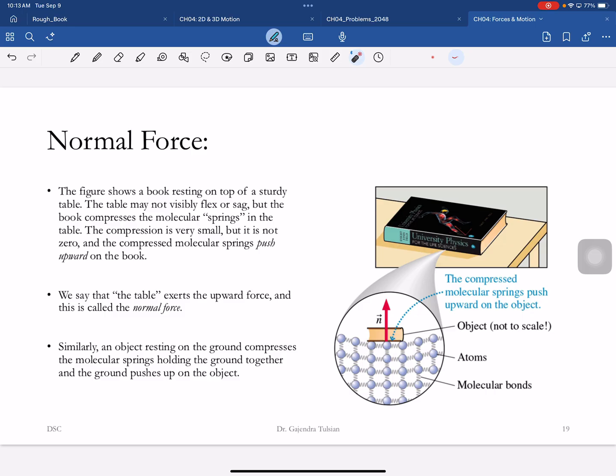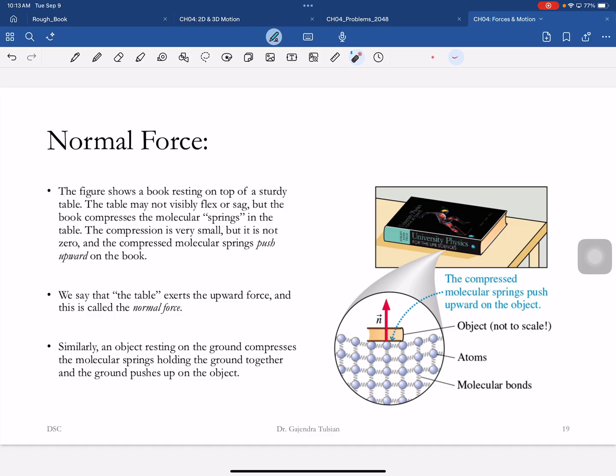You can see the flex, but when this guy sits on the table, it's not flexing as much, but the atoms are compressed, okay? And they're pushing back on the book. We say the table exerts an upward force, but it's these little springs that are exerting the upward force, and all those forces are adding up to this total force. And that force is called a normal force.